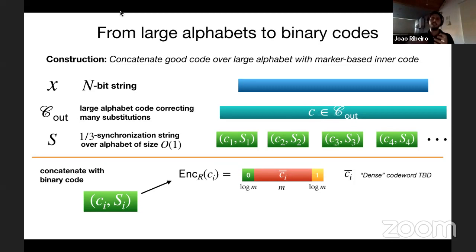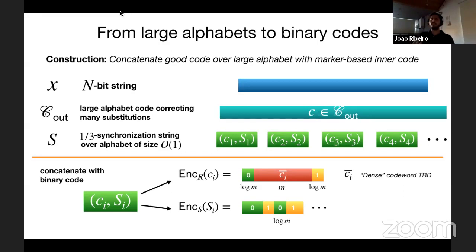Here C bar I, like before, for this trace alignment procedure to work, needs to be dense. It has to have a lot of ones in every short substring. Then you want to do the same for the synchronization symbol. But one good thing about the synchronization symbol is that they're much smaller.